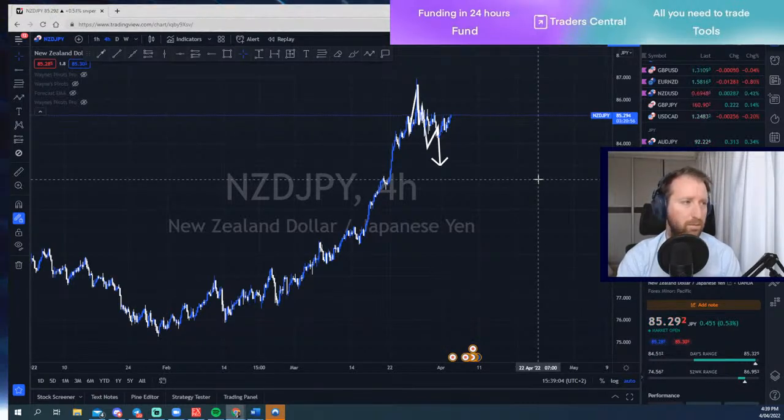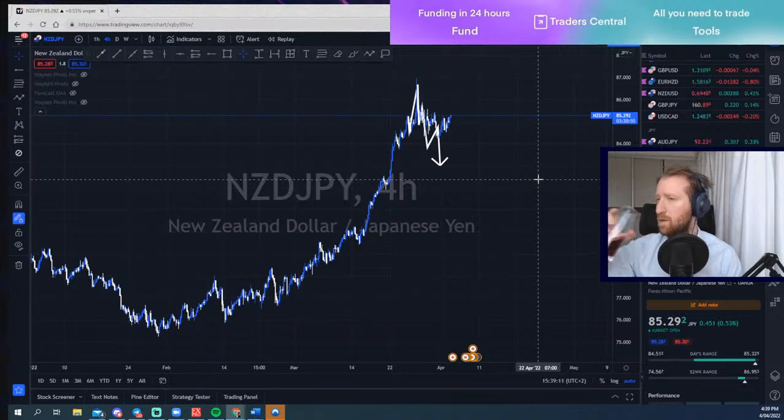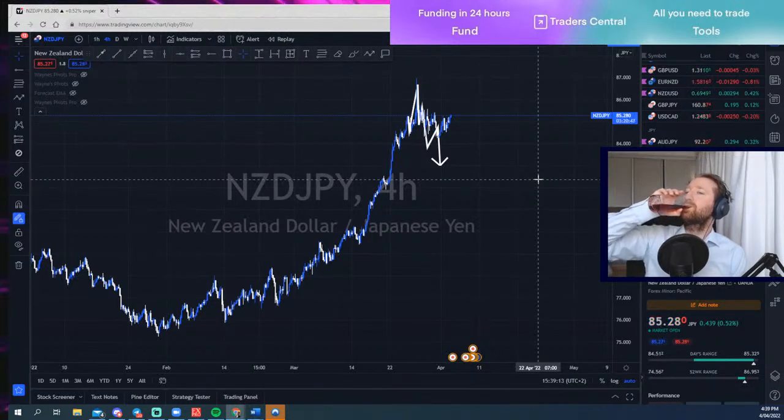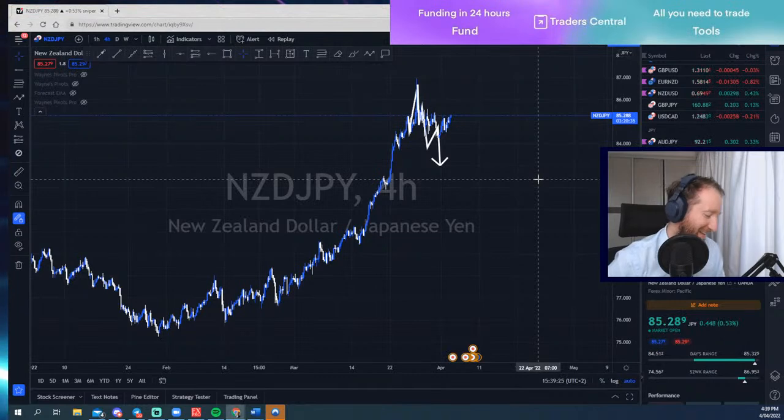As soon as I flipped my position, I was reading the daily FX Westpac commentary, and Westpac said there might be some more strength coming in for Aussie and New Zealand. I'm like, wow, I just flipped ahead of the bank, or at the same time.